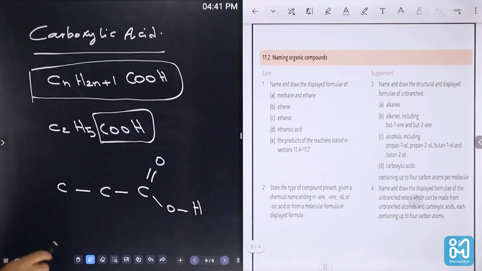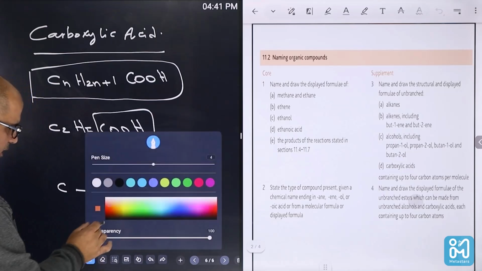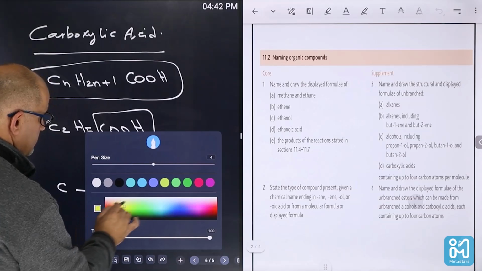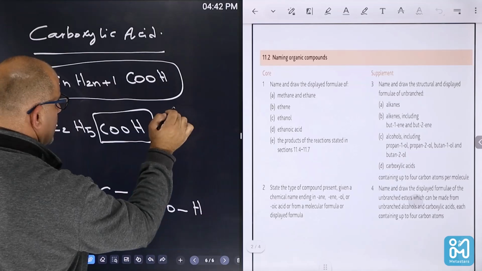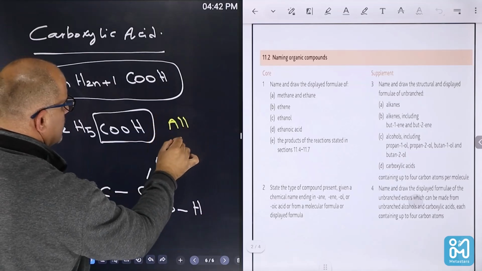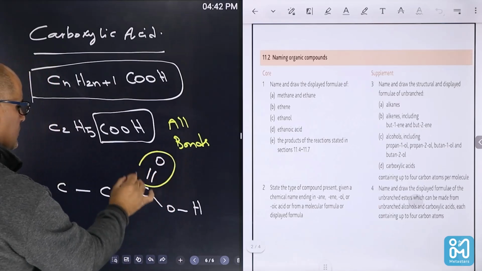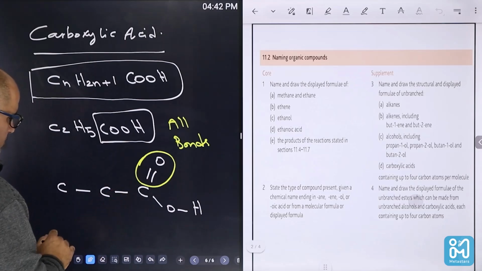In the displayed formula, you shall show all bonds, okay? All bonds shall be clear, and focus that we have carbon double bond with oxygen.